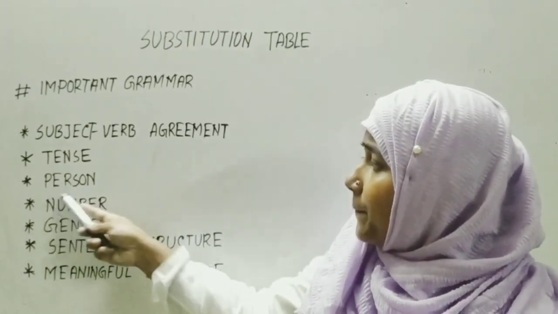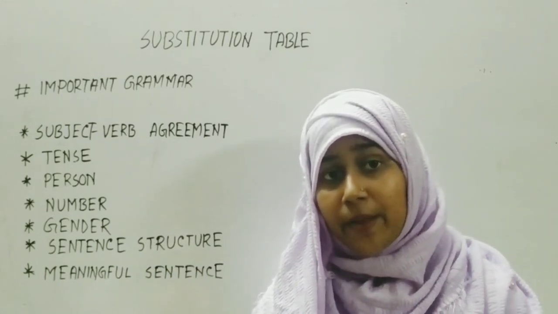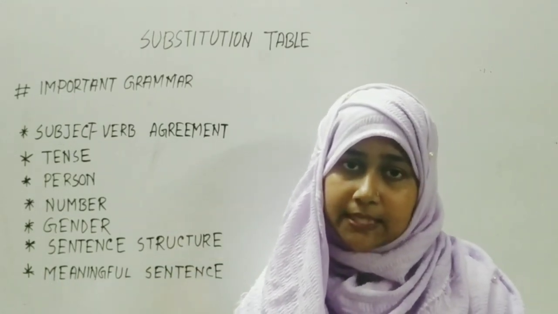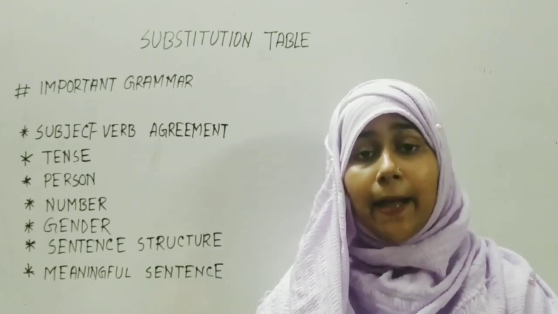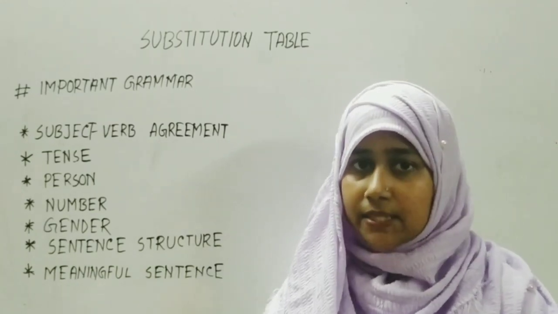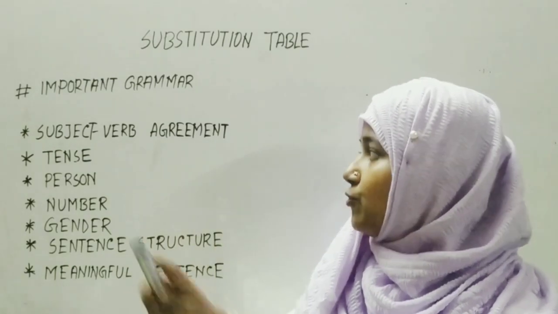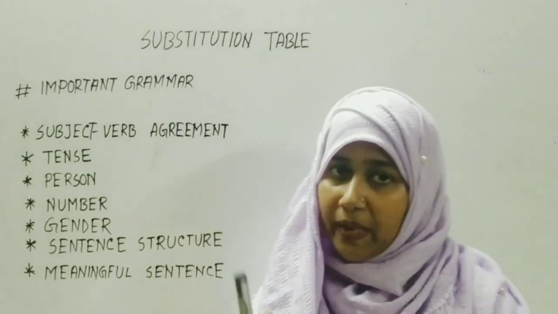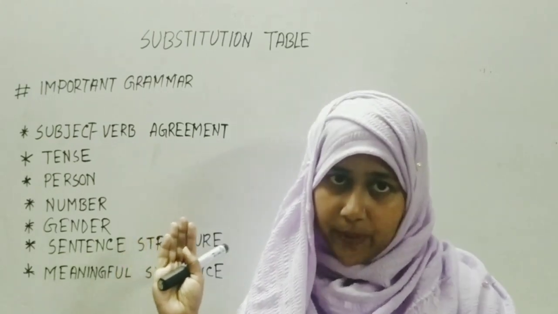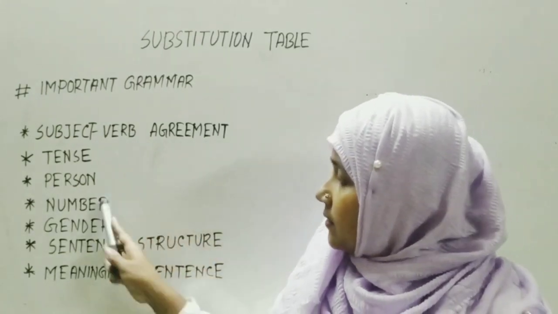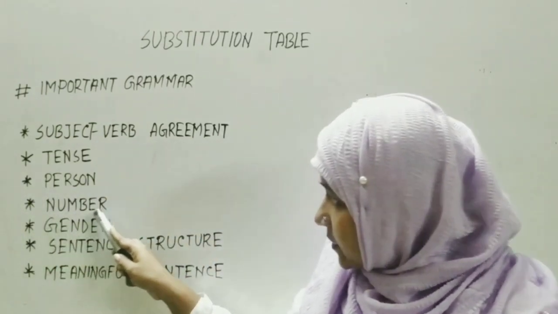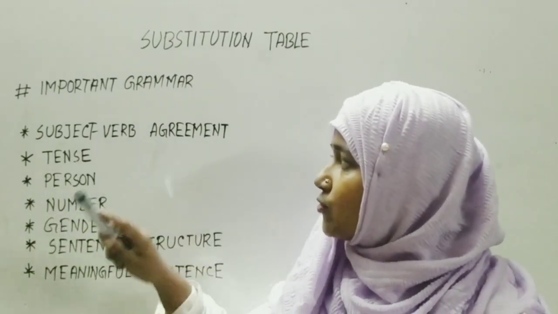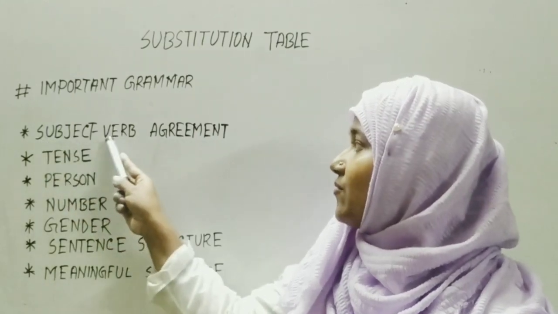Then person. You have to identify whether it is written in first person, second person or third person, because it will help you to maintain the rules of subject-verb agreement. The fourth point is number.